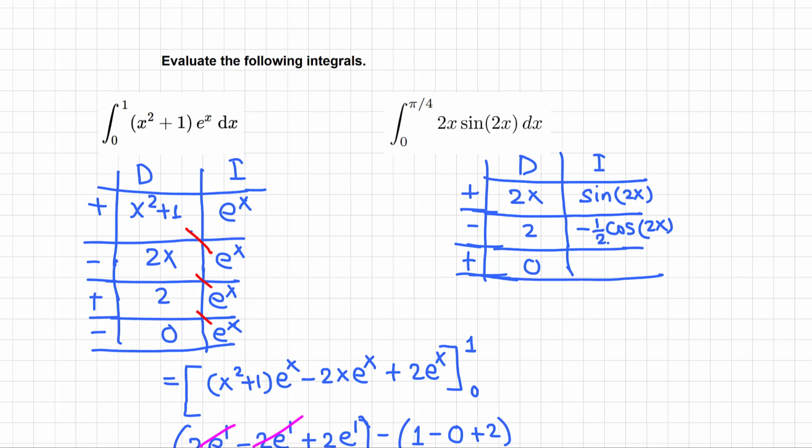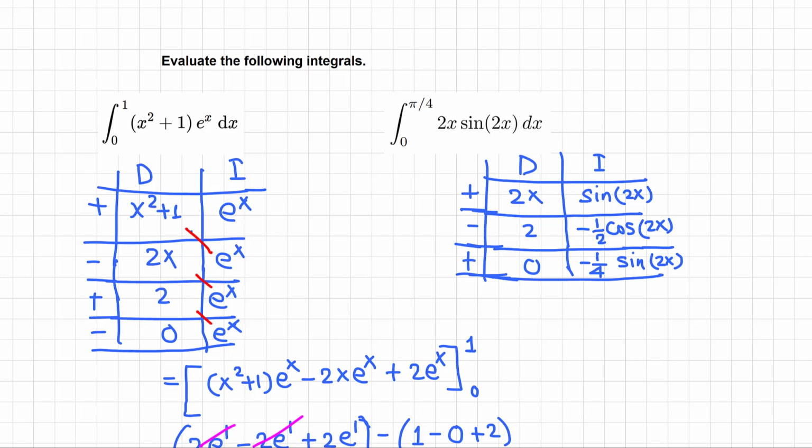So divide by 2 means negative 1/2. Integrate one more time, negative 1/2 stays there. The antiderivative of cosine is sine 2x, and divided by 2, that means negative 1/2 times 1/2 is negative 1/4. This is negative because the antiderivative of cosine is positive sine.